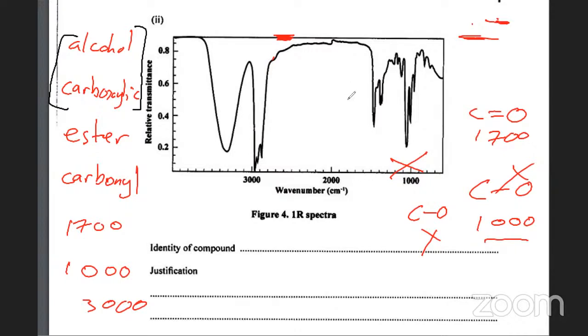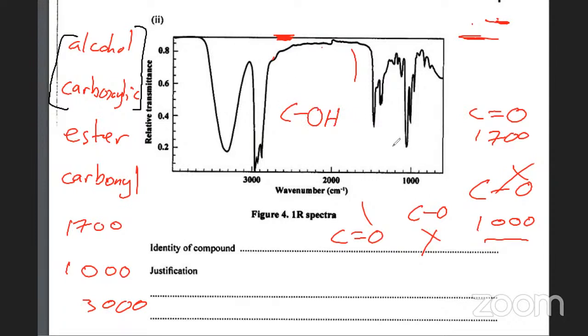Next, you do not see any peak coming down close to the 2000 mark, right? Which means that the C double bond O is absent. And now you have one coming down for the C single bond O. Remember now, alcohol, the C, O, and H, you still have a carbon single bond oxygen.